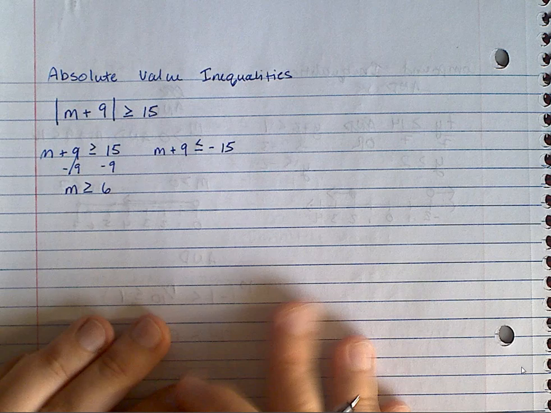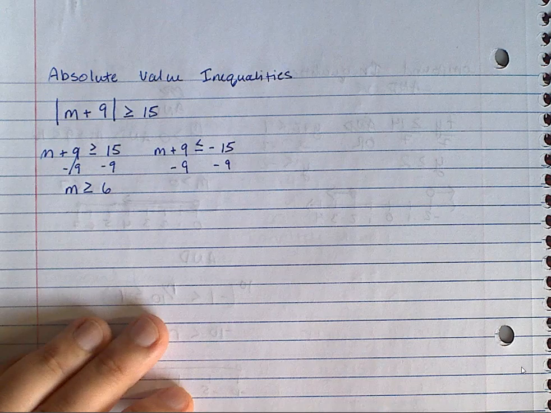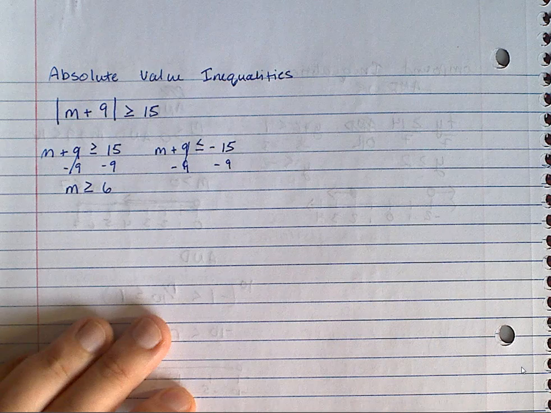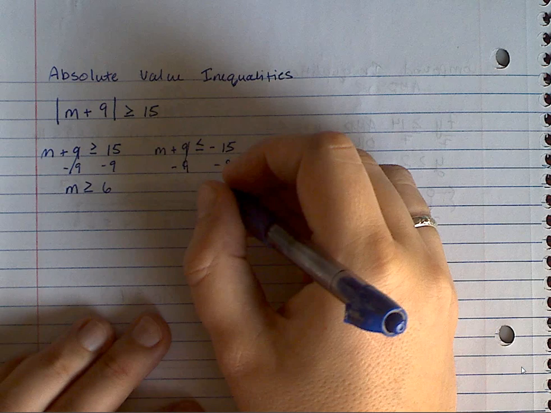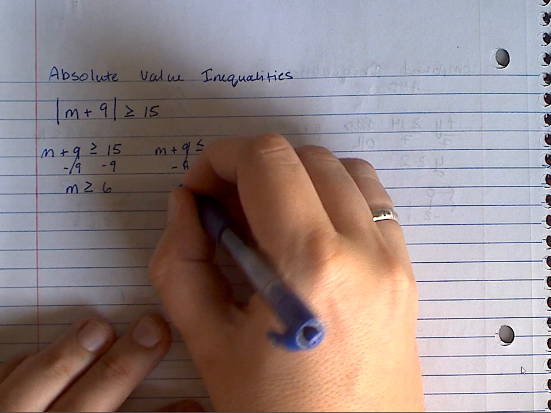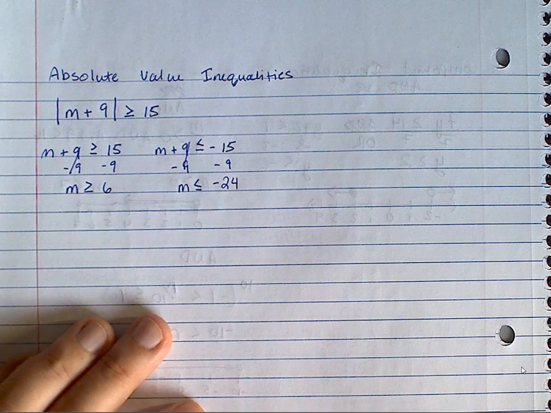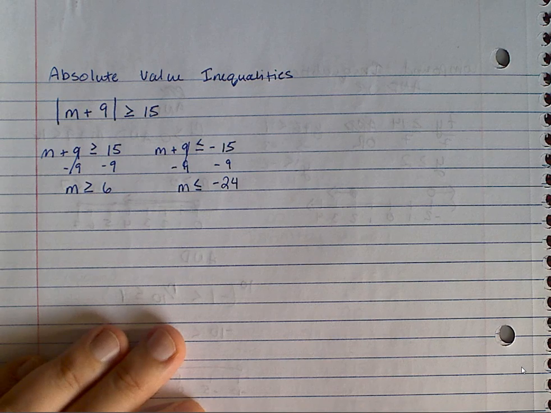And then on the one on the right, I'm going to subtract 9 from both sides. This is going to cancel, and negative 15 minus 9 is negative 24. So I've got m is less than or equal to negative 24. It's pretty much the same, just it's not equal to, and then you have to flip the sign.